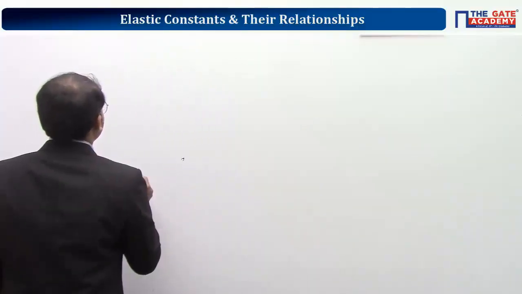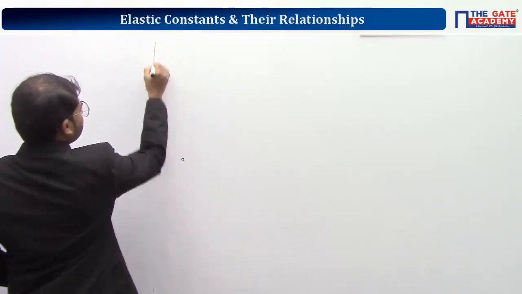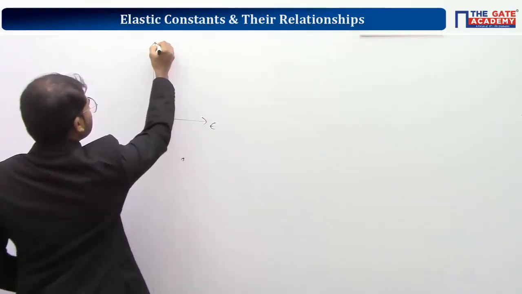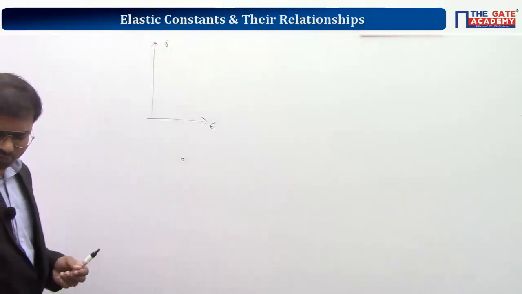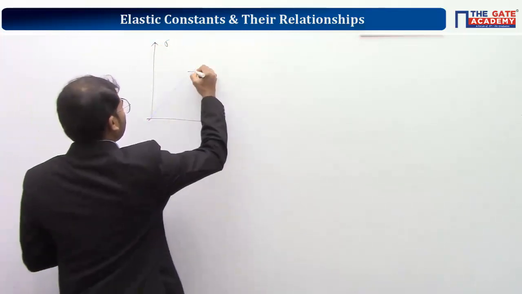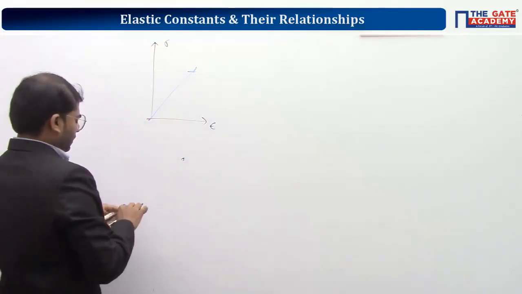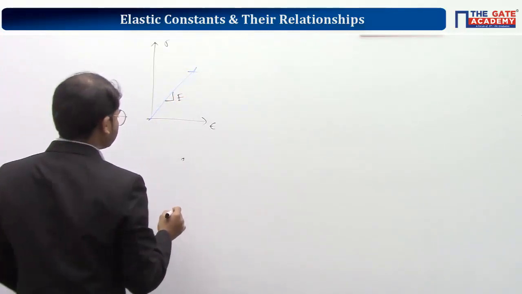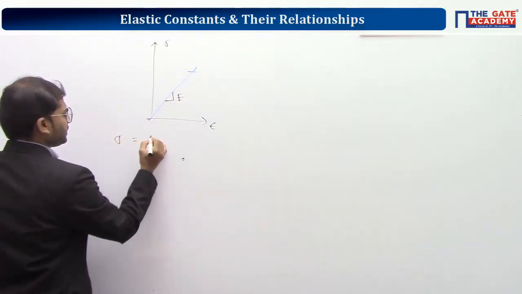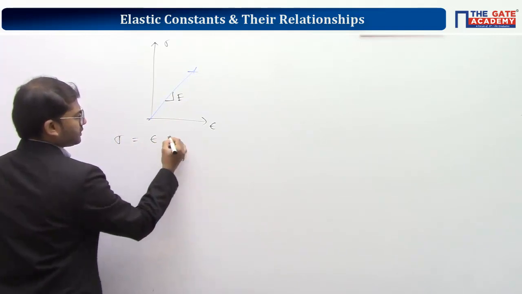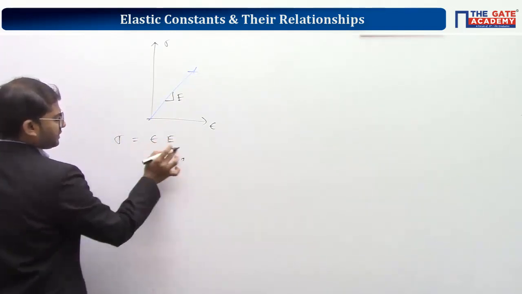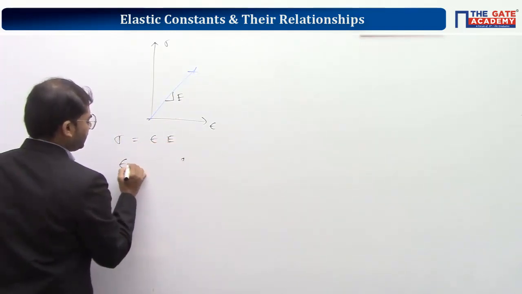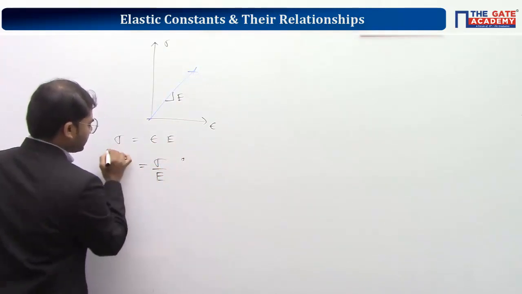In a simple tension test, you already know that stress is proportional to strain, and I gave you the basic idea that the slope of this curve is Young's modulus. So stress is equal to strain into Young's modulus. Strictly speaking, this equation is correctly written as strain is equal to stress by Young's modulus.